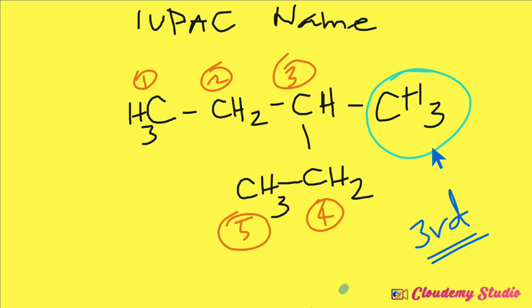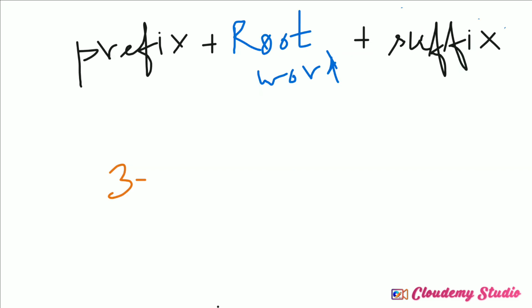Methyl group is from methane, one hydrogen atom removed. It becomes an alkyl group in general. Specifically, this will be methyl group. So this methyl, we can write after 3. We can write the name, that is 3-methyl. Now we have completed the prefix.